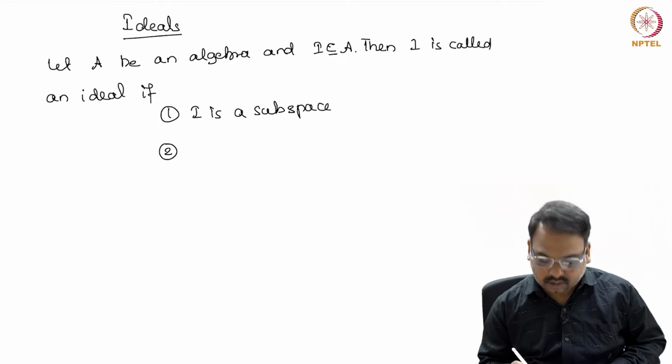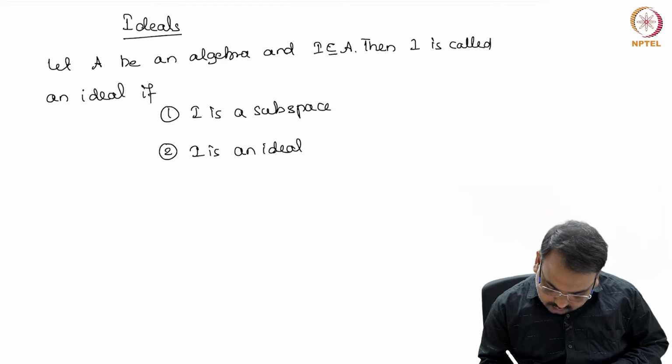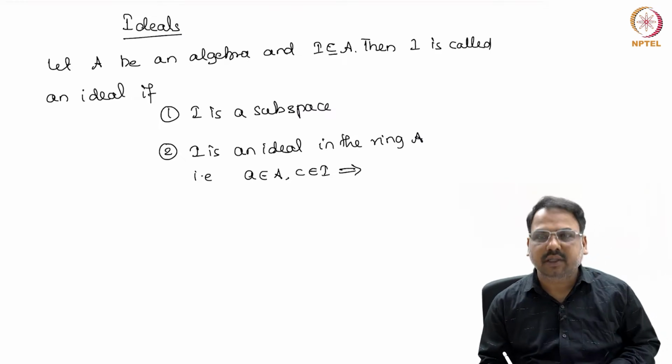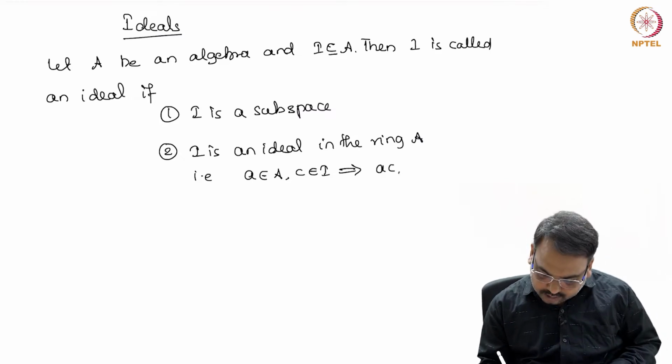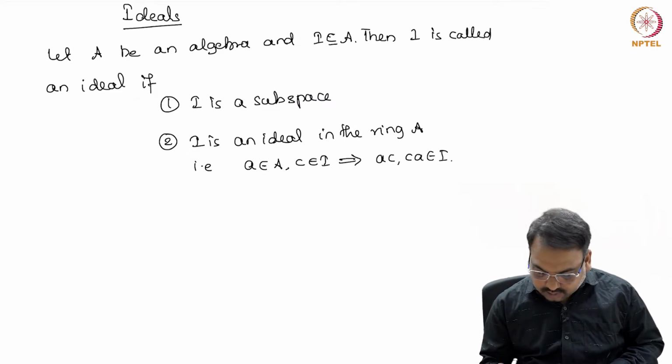Second, I is an ideal in the ring A. That is, whenever a in A and c in I, this should imply that ac and ca both are in I. So this is the definition of an ideal.